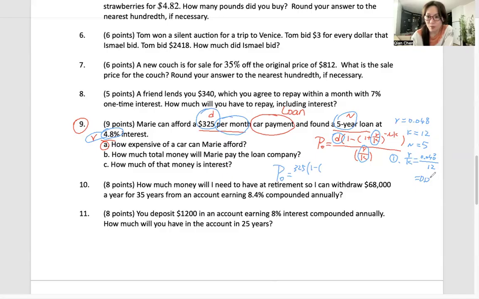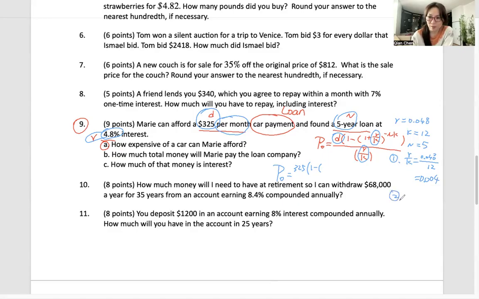So be very careful. The two zeros, 0.004. That's R divided by K.